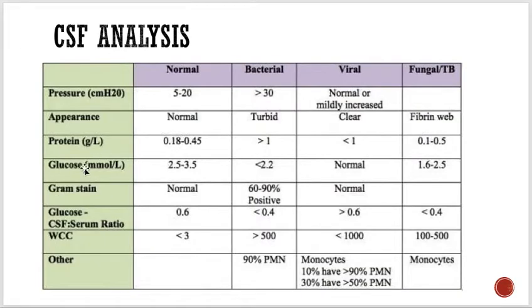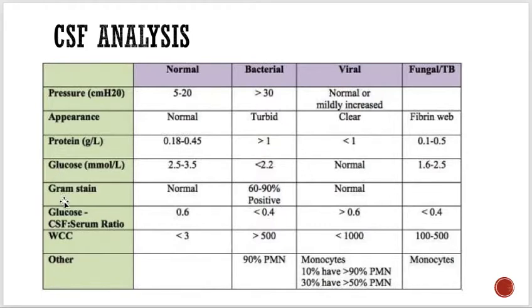Rest you can see over here, we can measure the glucose level as well, and again, why we do this glucose measurement. Glucose, by the way, is always checked with reference to the serum glucose, because whenever the serum glucose increases, the glucose in the CSF will also increase.